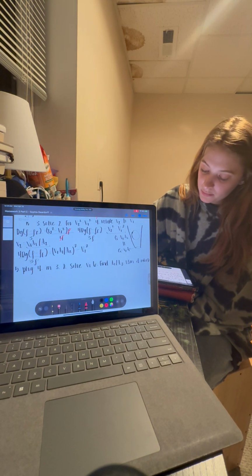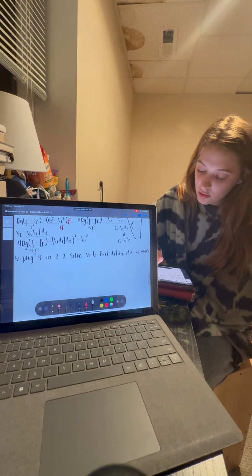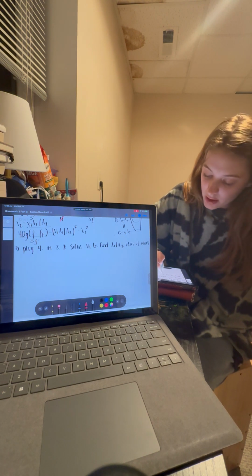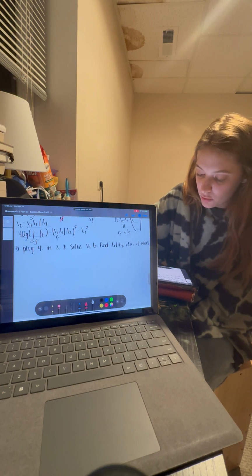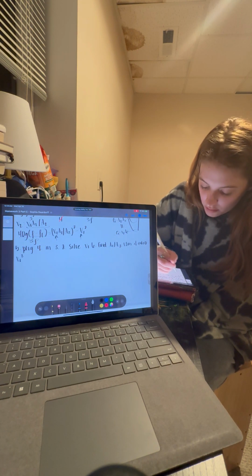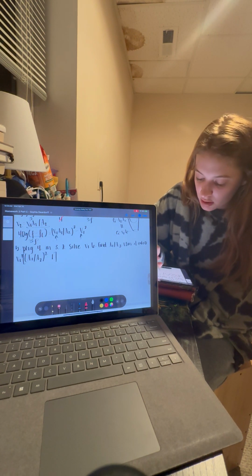From here, we can solve for V1 by factoring out V1 squared on each side. V1 squared times (A1 over A2 squared minus 1).